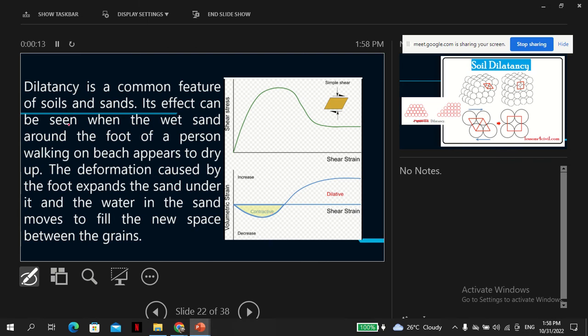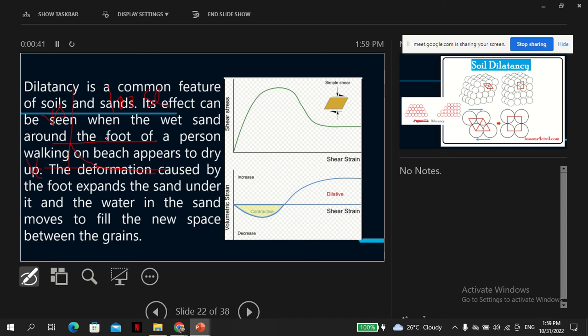Of course, when you shear something, you reduce the volume. For loose sand, this is what happens if you draw a curve of change in volume. You compress and reach what is called the critical volume, and that's it. So that's the critical volume. This is for loose sand.